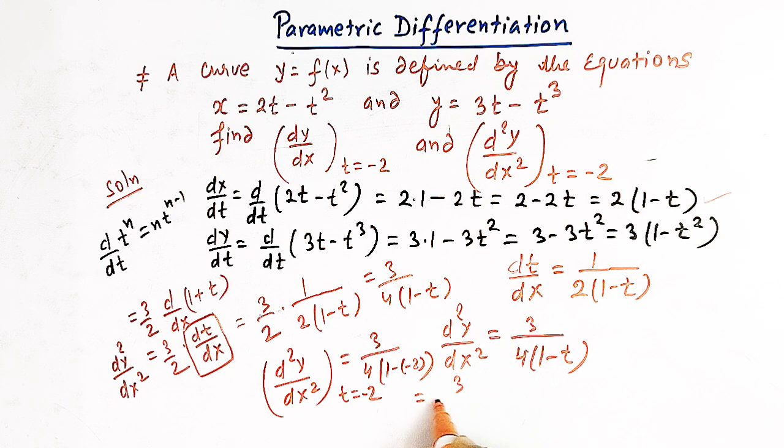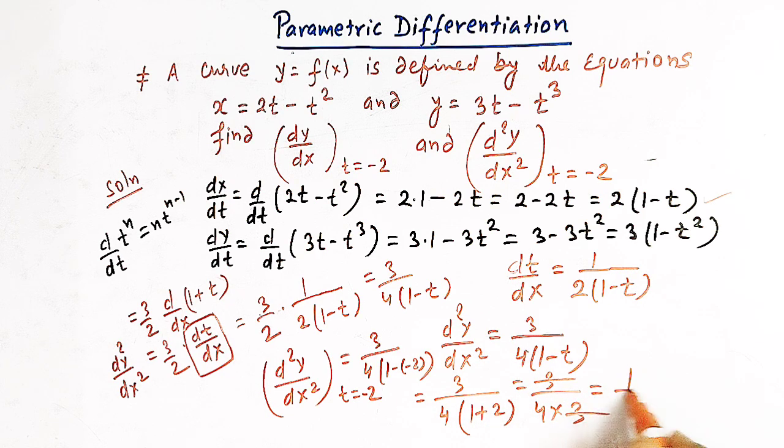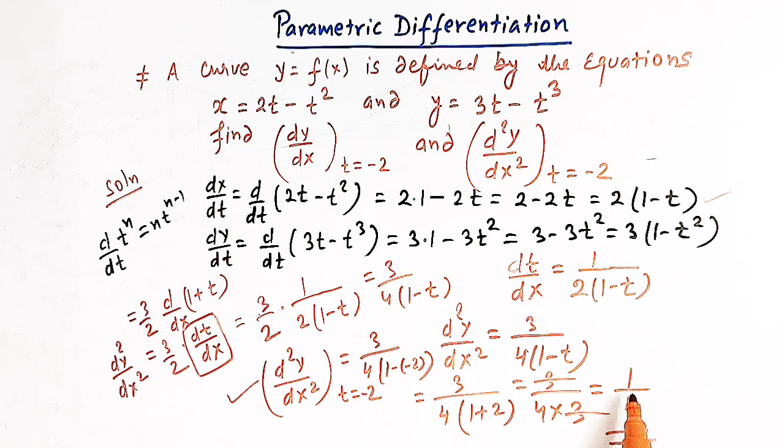So this is 3 over 4, and here we have 1 plus 2, minus minus plus, and here we have 3 over 4 times 1 plus 2 is 3. So 3 and 3 get cancelled, so we are left with 1 over 4. So the second derivative at t is equal to minus 2 is equal to 1 over 4.